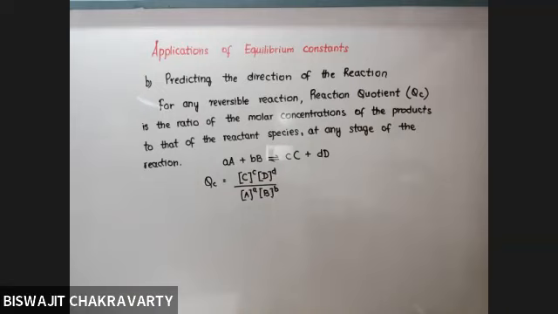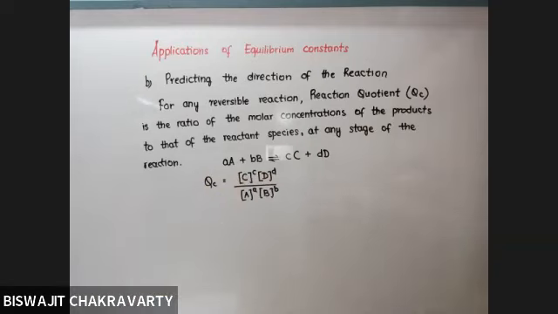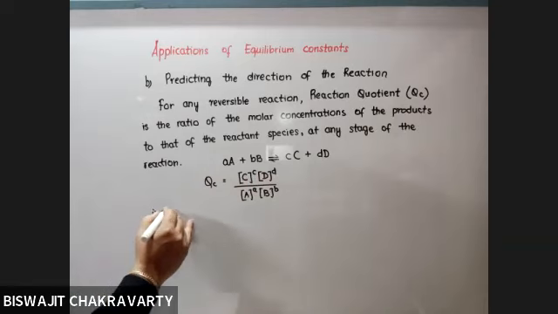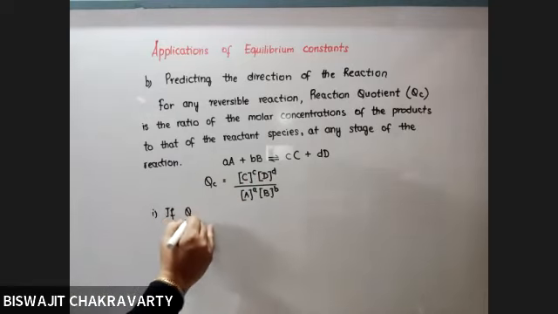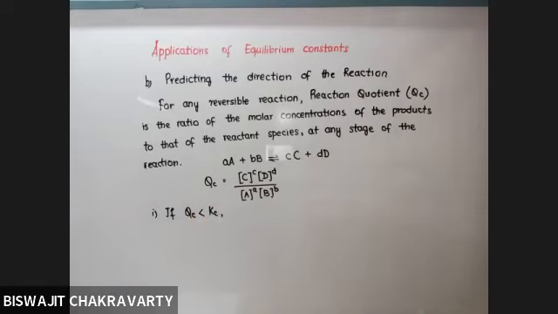Now, when Kc value for any reaction is given to you and QC is calculated at any point of time, and then we compare the values, we can say if QC value is less than that of Kc, that means the reaction is not at equilibrium.